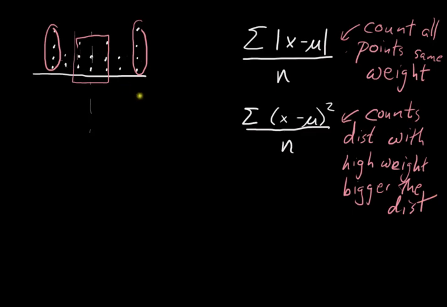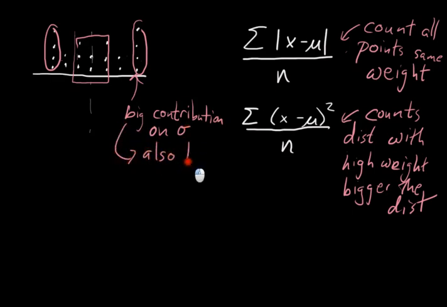So these points on the outside not only have bigger contributions to the standard deviation, they also have a bigger say on the standard deviation. It's like they get more votes. Their vote by itself is bigger, and they get more votes. So that's what this squaring does.